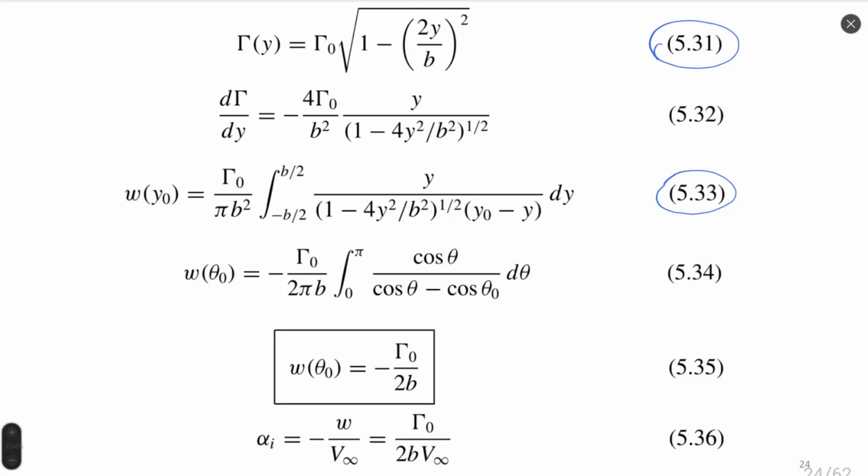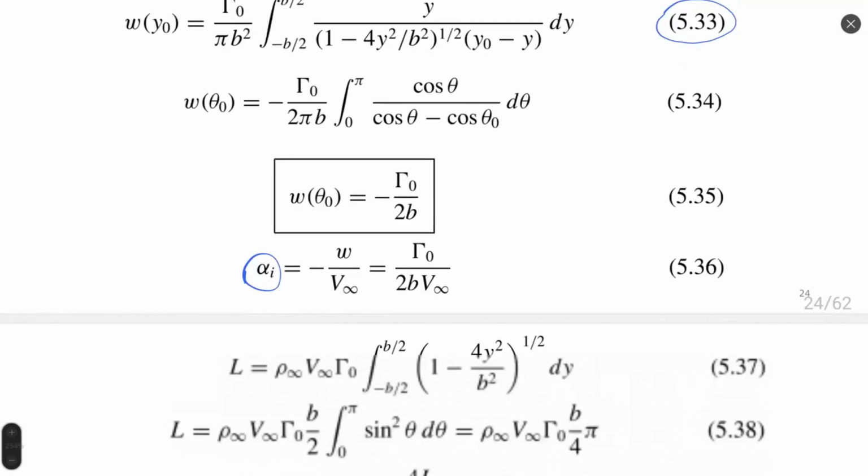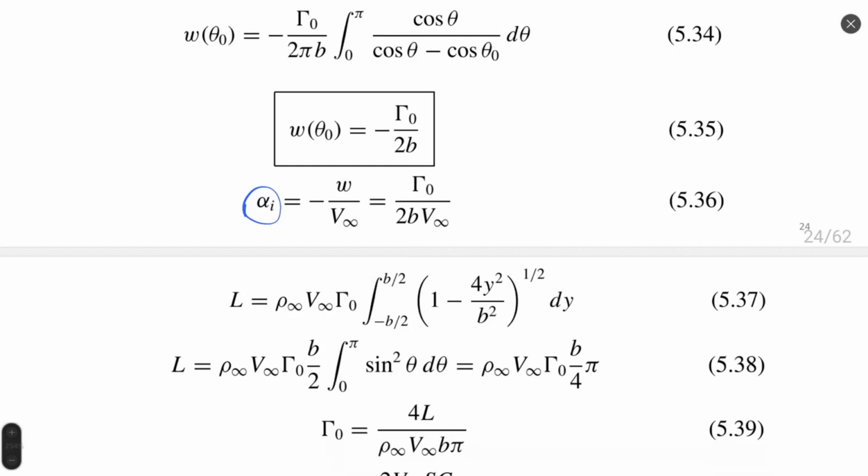Since we know downwash velocity and we know infinite velocity, we find the ratio between them and we find induced angle of attack, which is now maximum circulation over the elliptical wing divided by two times the size of the wing and infinite velocity. Okay, having this solution, we can calculate all other properties.